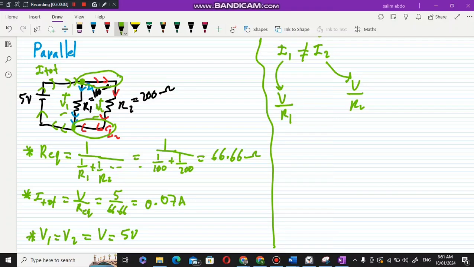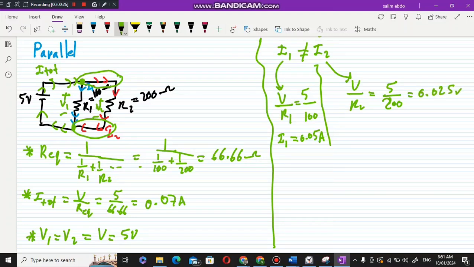Okay, so here let's calculate current 1, which is voltage over resistance 1. What is the voltage? 5. What is the resistance? The first one, which is 100 ohms. So current 1 would be equal to 0.05 amperes. Here it would be 5 over 200, which is equal to 0.025 amperes.